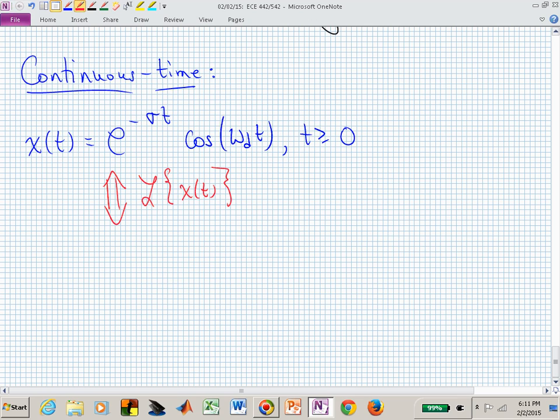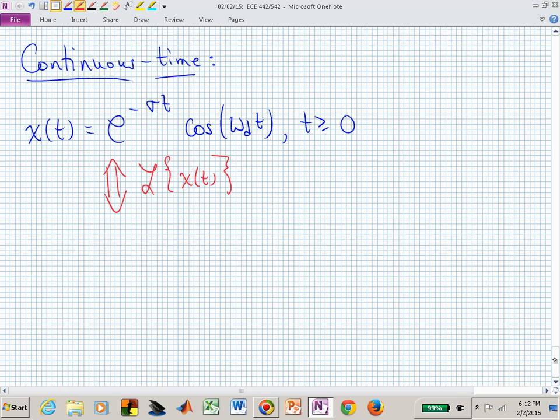It's oscillating at some damped frequency, omega sub d. That might be 3. We now have e to the minus 2t cosine of 3t. What does that look like as far as its Laplace transform? Do you remember? And if you don't, then you need to get comfortable with that Laplace transform.